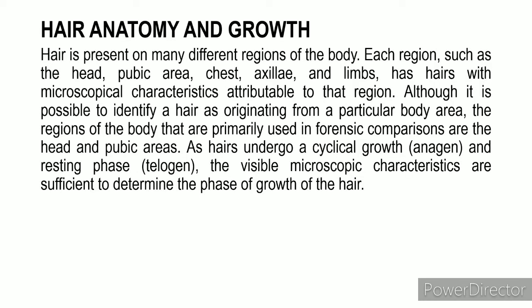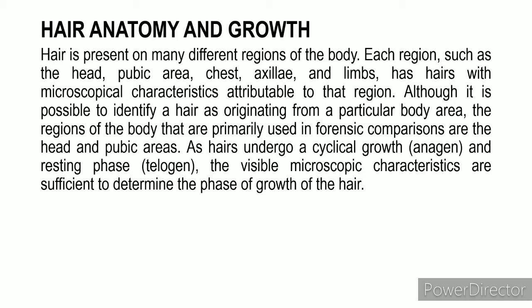Hair anatomy and growth. Hair is present on many different regions of the body. Each region, such as the head, pubic area, chest, axilla, and limbs, has hairs with microscopical characteristics attributable to that region.